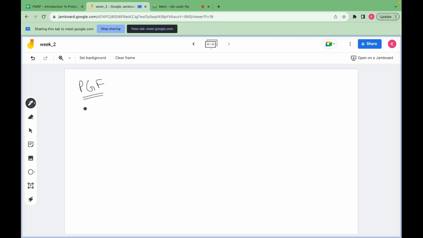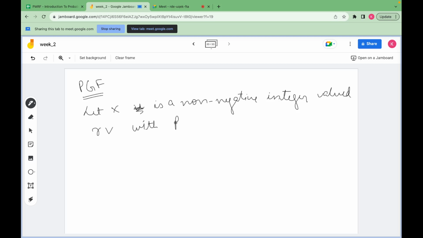Let's suppose there is a random variable and it is a non-negative integer valued random variable, okay, with probability P_k denoted as probability of X equal to k, where k is 0, 1, 2 and so on.